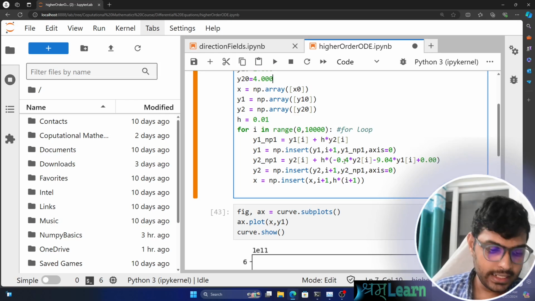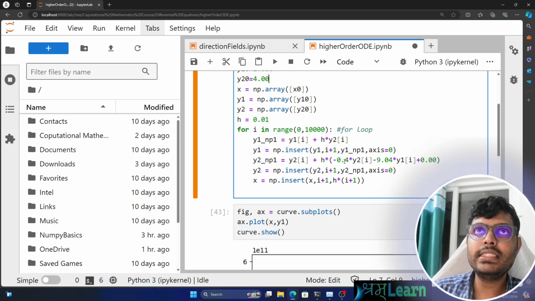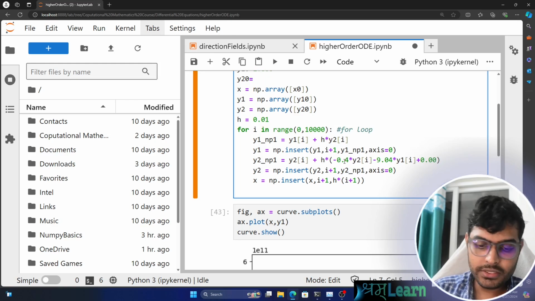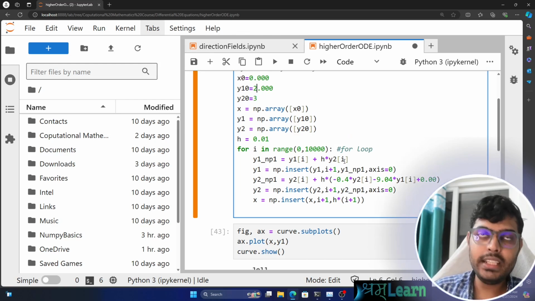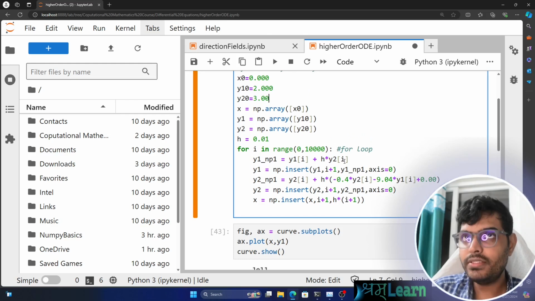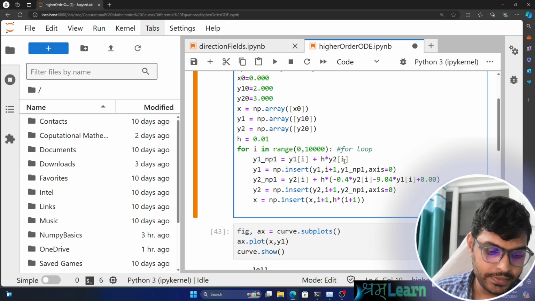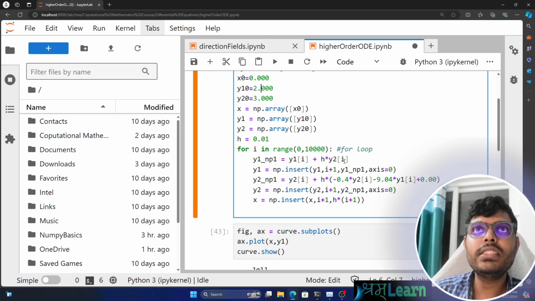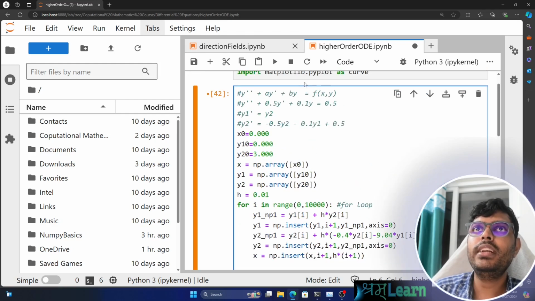What are initial conditions given? Y dash of 0 is 3. Great. I have to give point. Y of 0 is given 0. So 0. Okay. Can I get the solution?